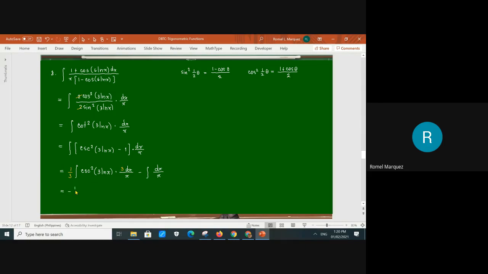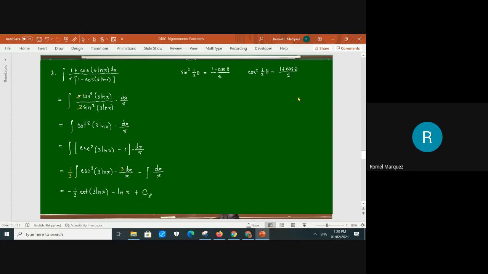Negative 1/3. Why negative? Integral cosecant squared u du is negative cotangent of u. But my u is 3 ln x. Minus du over u. Du over u, that is ln u. Okay? Plus c.